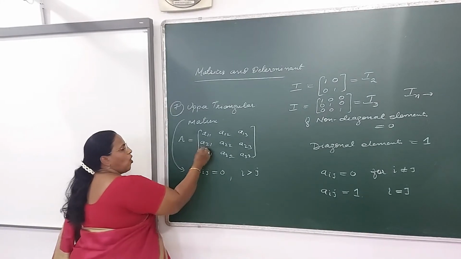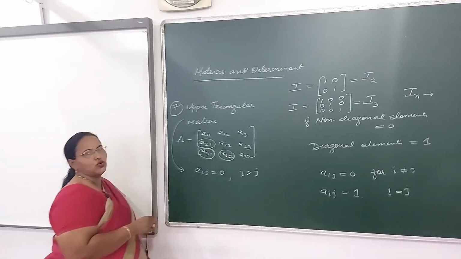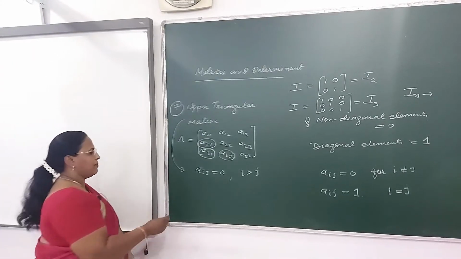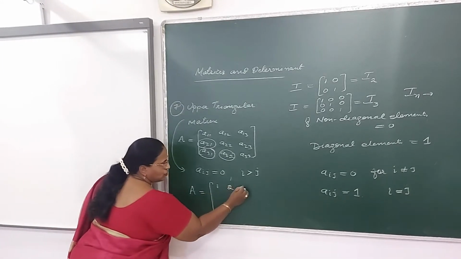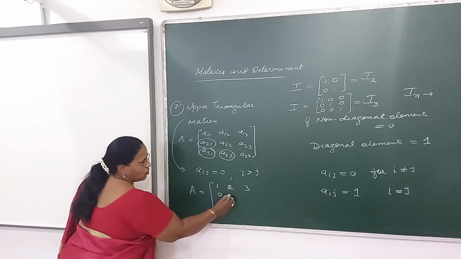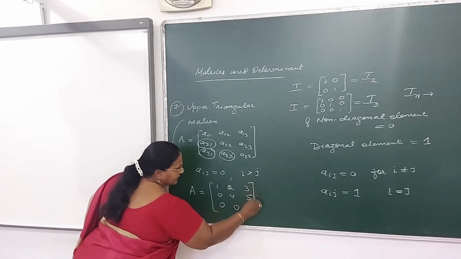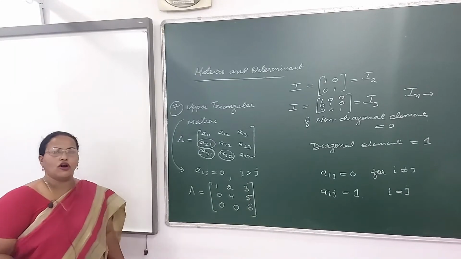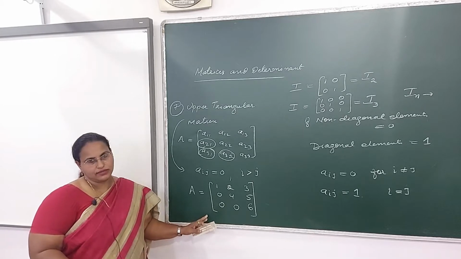That means all these elements are supposed to be 0. For example, A is equal to 1, 2, 3, 0, 4, 5, 0, 0, 6. This is an example of an upper triangular matrix.